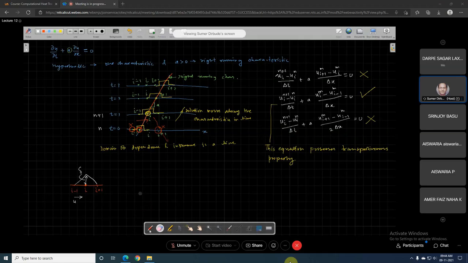Let us consider central difference: (u_i^(n+1) minus u_i^n) divided by delta t plus a times (u_(i+1)^n minus u_(i-1)^n) divided by twice delta x is equal to 0, or you can write this as equal to negative of this.